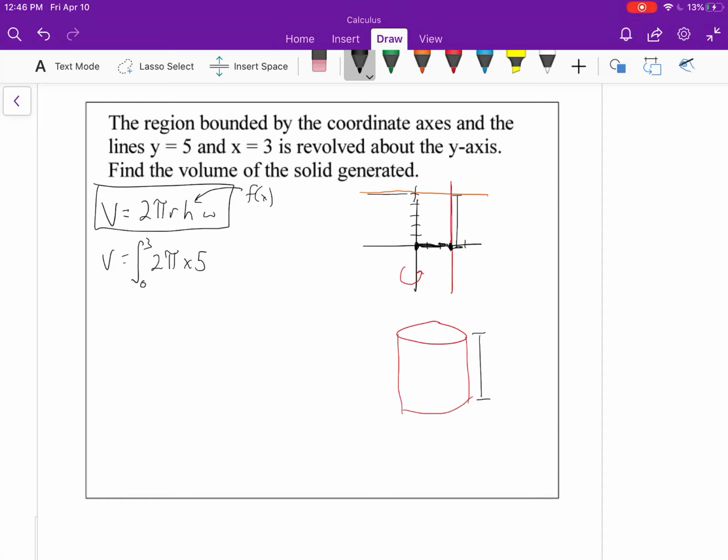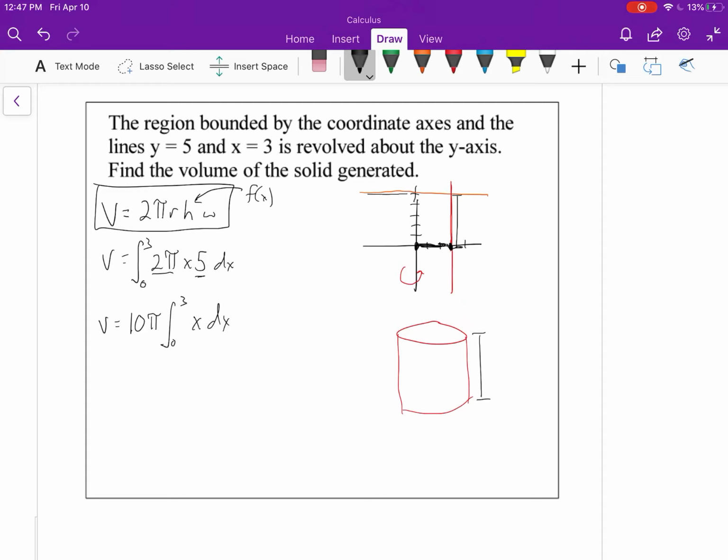And then times the thickness, that's the dx. And so we can simplify this a little bit before we integrate. We have 2 times pi times 5, which are constants, so that can come outside of our integral. So we have 10 pi and the integral from 0 to 3 of x dx.